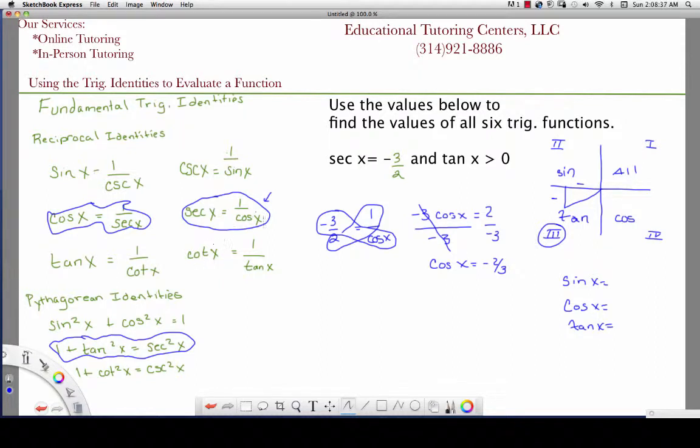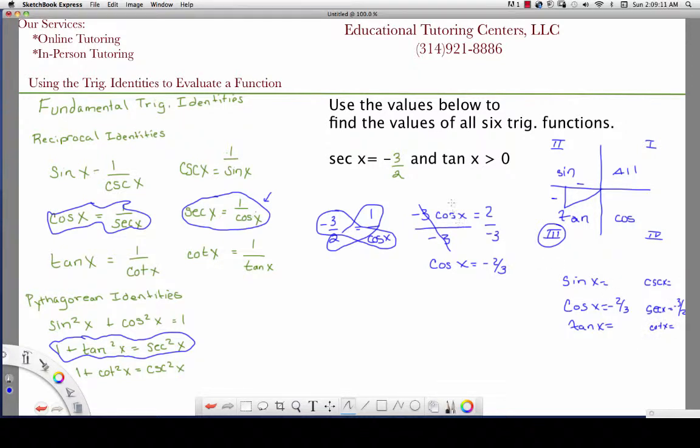So we have the secant, which is the inverse of the cosine, equals negative 3/2. And this is the reason why cosine is negative 2/3, because it's the reciprocal. Okay, so we have the cosecant that will be there. And down here we'll have the cotangent.